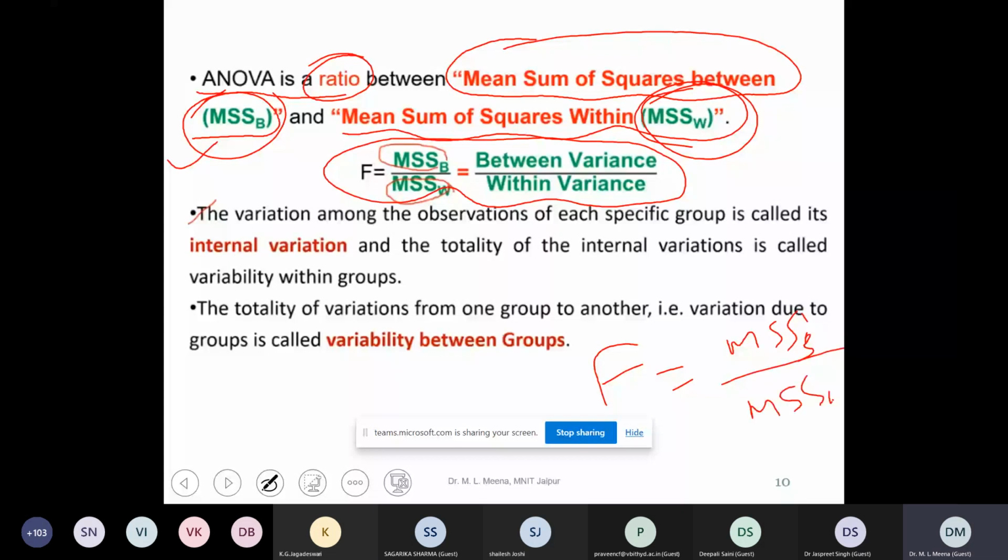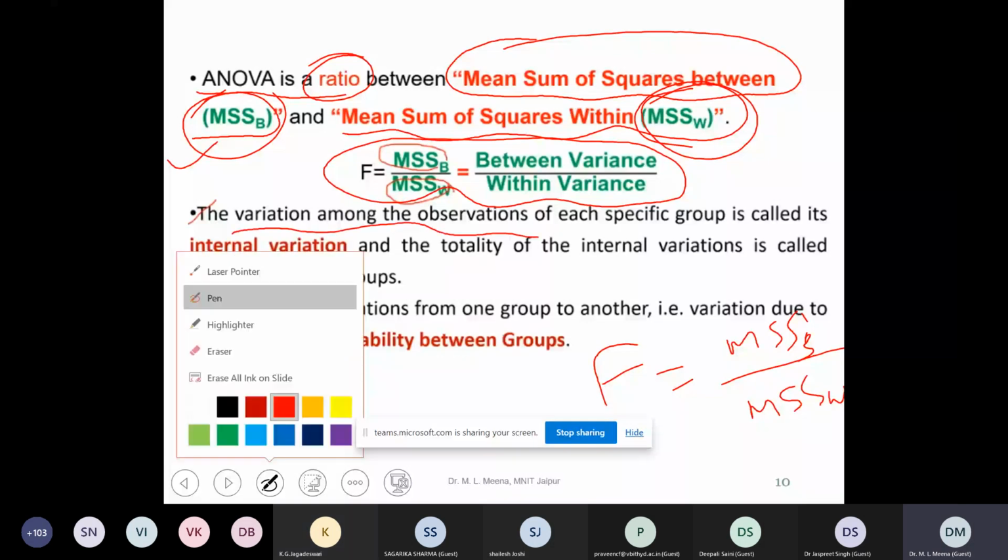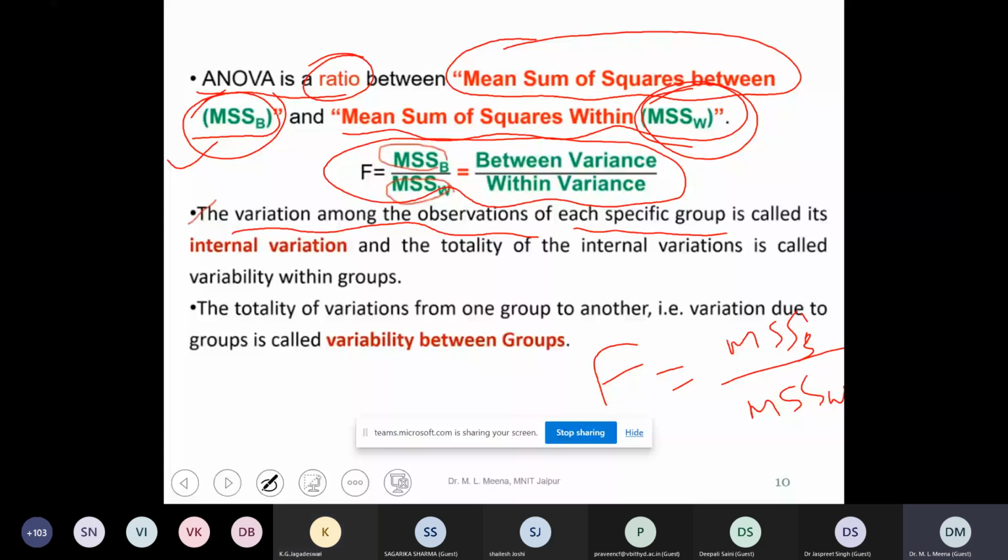So the variance within groups is the denominator, and the variance between the groups is the numerator. The variation among the observations of each specific group is called internal variation, and the totality of the internal variation is called variability within groups. The totality of variation from one group to another, meaning variation due to groups, is called variability between groups.